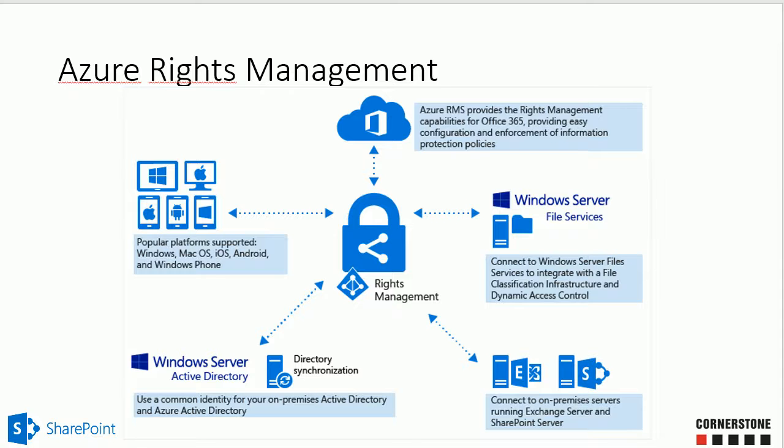So you only need to configure that you're using this service, and then you can configure what permissions should be available on each document library. So the users only have to upload the files to a particular document library, and they will get the encryption without any additional work on their part.